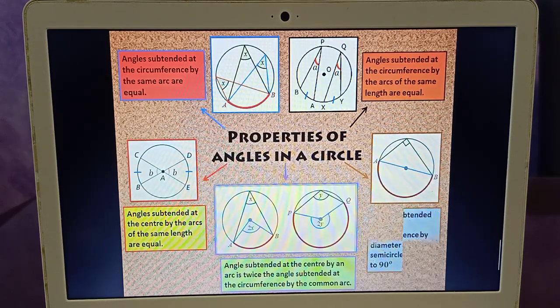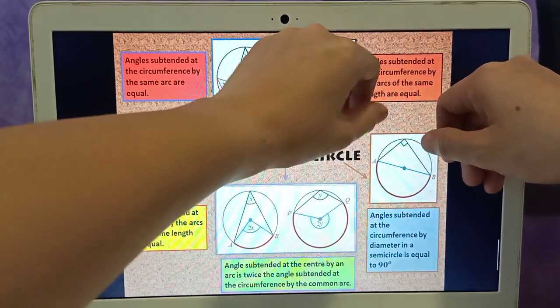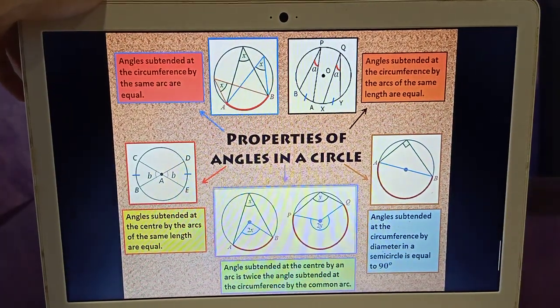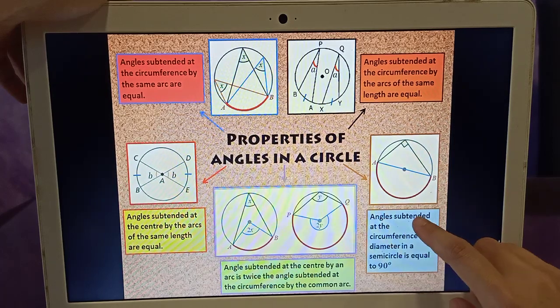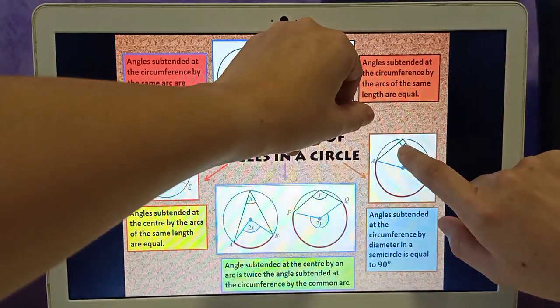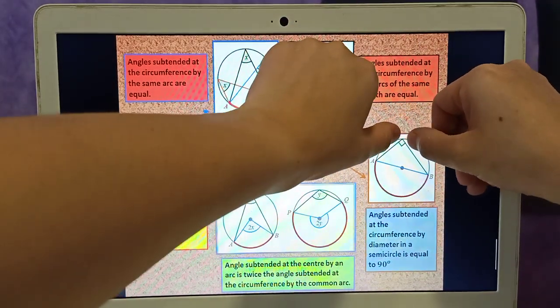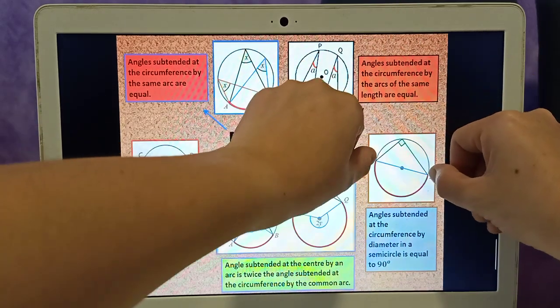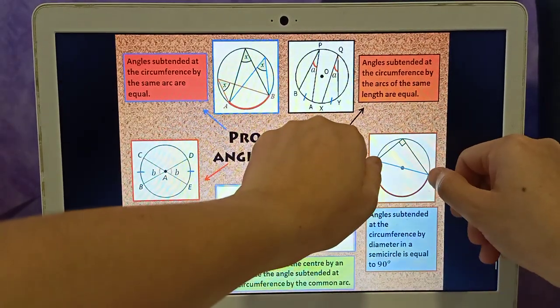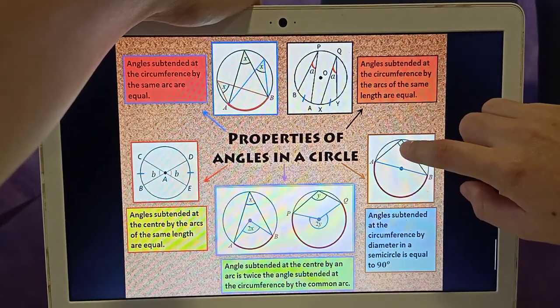So, the angle subtended at the circumference by a diameter in a semicircle is equal to 90 degrees. For example, as you can see here, this angle is subtended at the circumference because it is formed by two chords, subtended by arc AB. So this angle is actually 90 degrees.